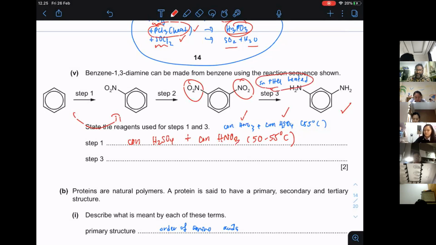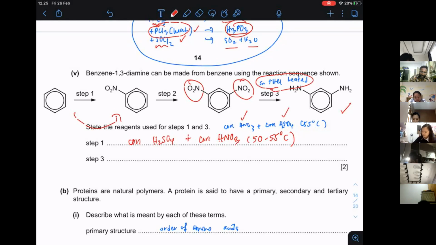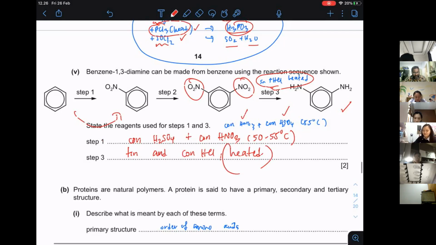Therefore, you are using tin and concentrated HCl, and you heat them. They didn't mention conditions, so no need to mention the condition, it is still okay. Tin and concentrated HCl.